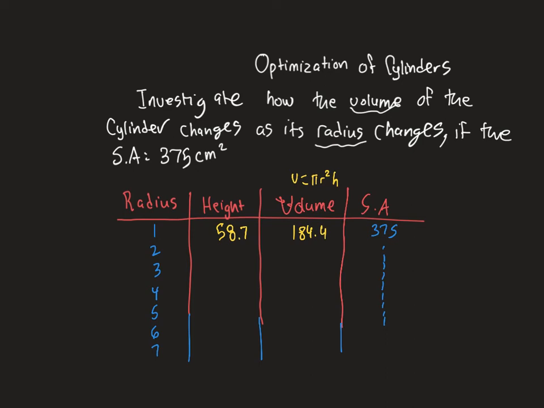Okay, and then you can keep going here. You're going to keep getting your values. You're going to get 27.8, 16.9, 10.9, 6.9, 3.9, and finally 1.5.